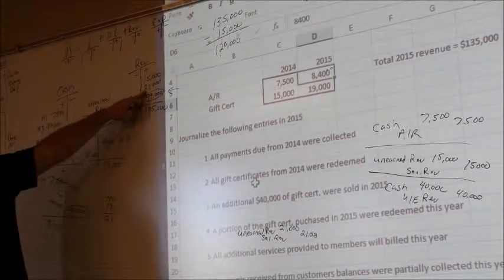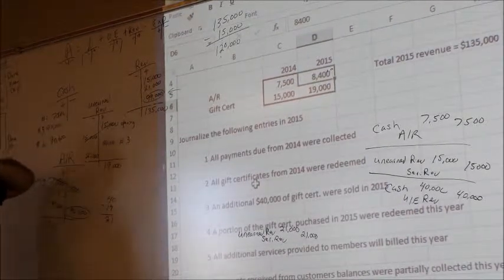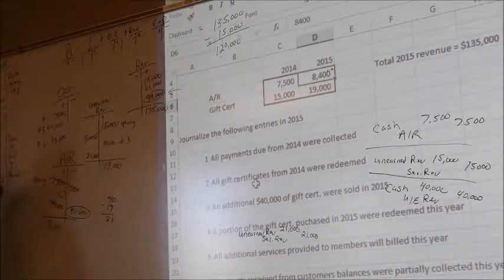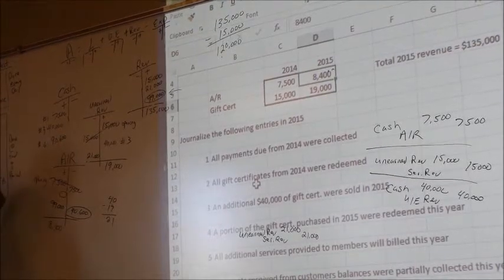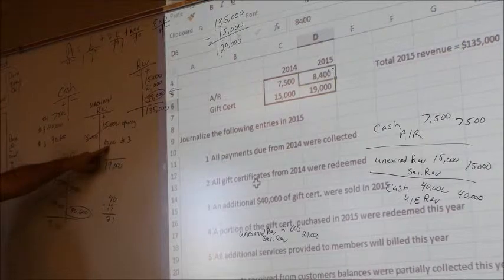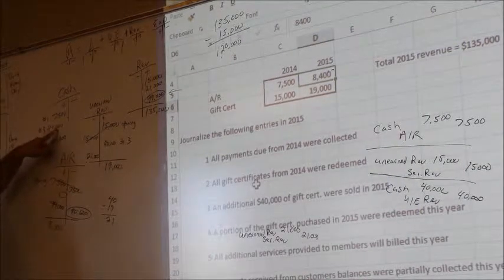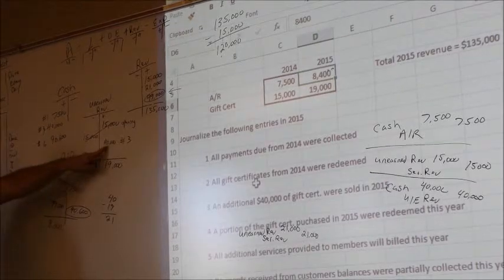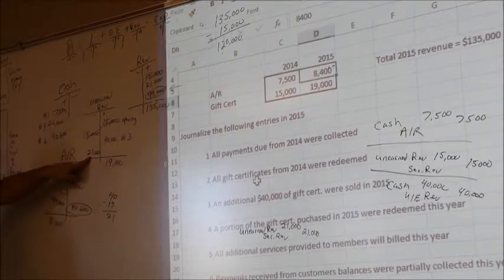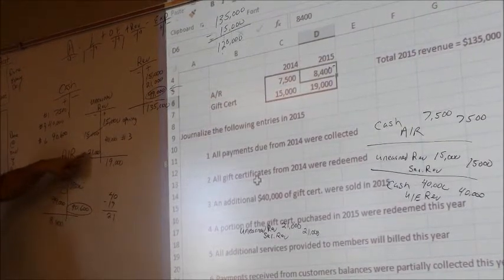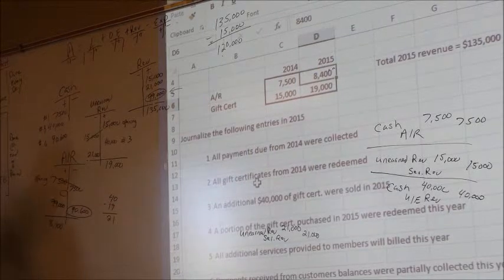Was this 21,000 paid this year? It was part of this $40,000 group. I got paid $40,000 this year for unearned revenue, and 21 of that did become regular revenue. So that money was paid this year. I did get cash for $21,000.